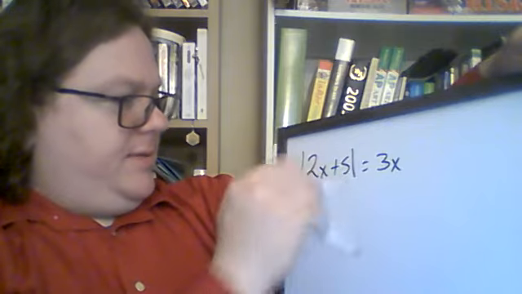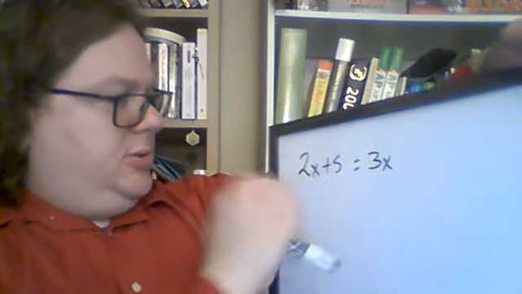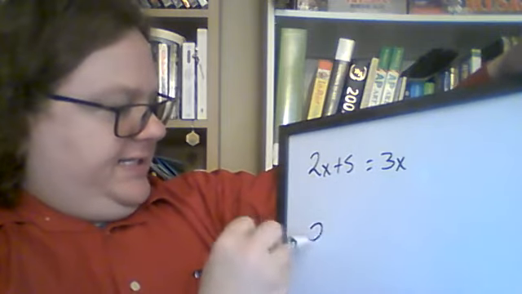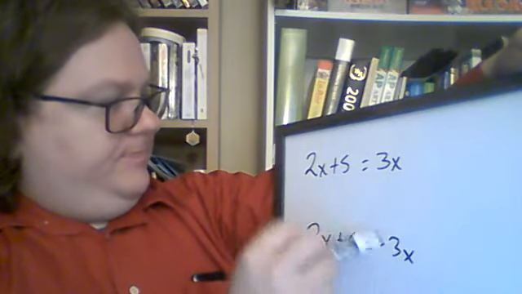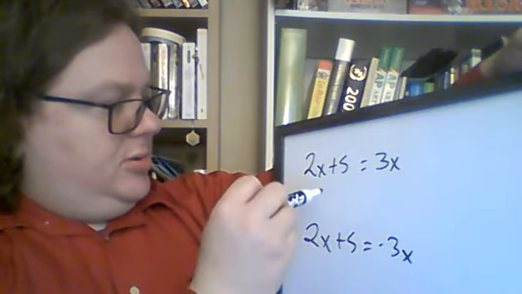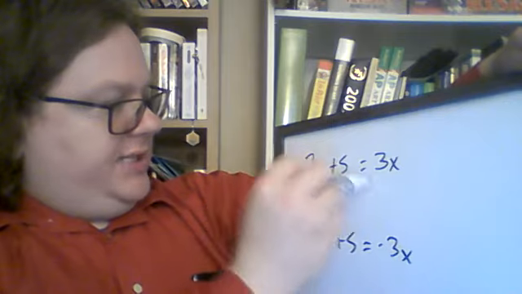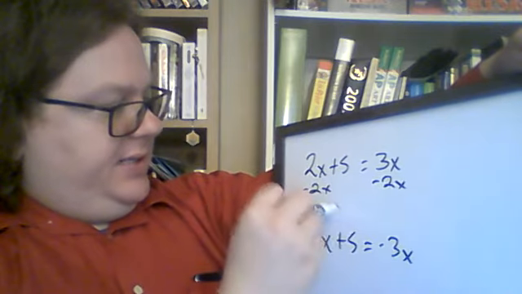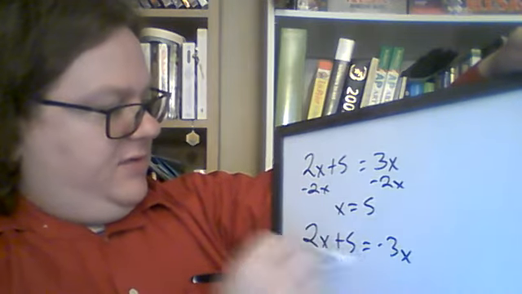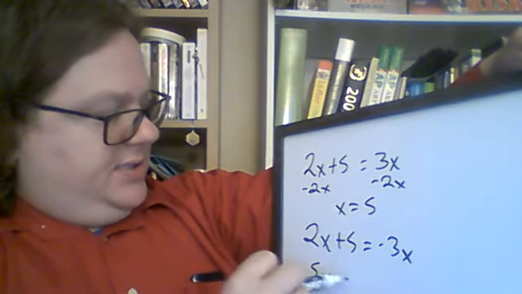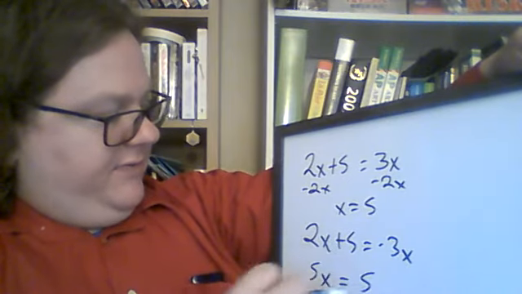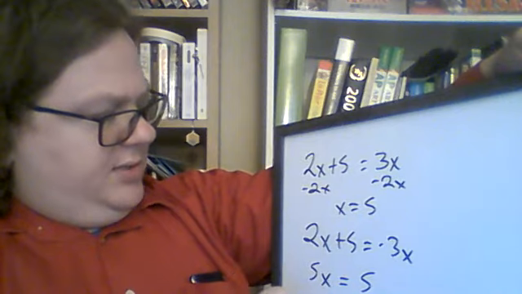Okay, so I'm going to get rid of the bars and set a second equation down here. 2x plus 5 equals negative 3x. Minus 2x, and x equals 5 plus 3x plus 3x. That's 5x equals 5, x equals 1.